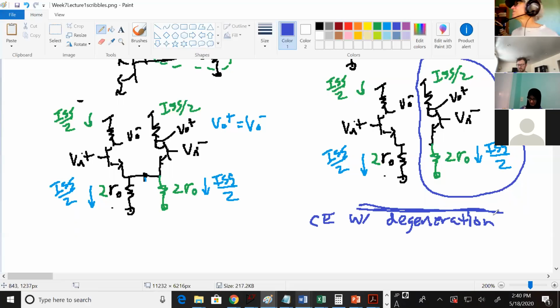Now, what size resistors did you use for degeneration in the lab? Relatively small. What's the value for RO? In this case, it's VA over IC.